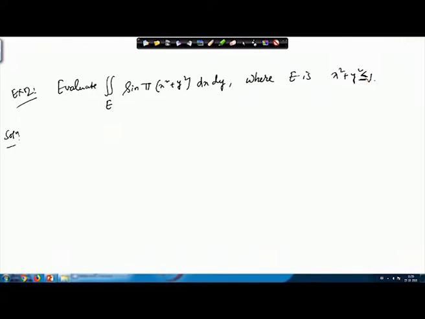Here our domain of integration is this circle with radius 1. So, this is our region E. Sorry, this is x, this is y.